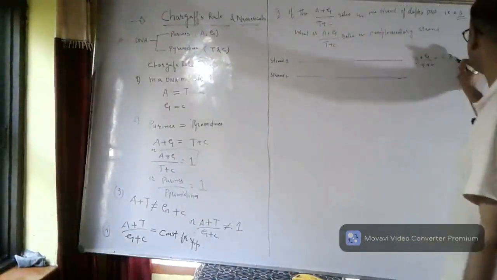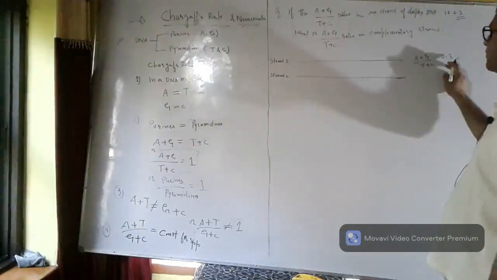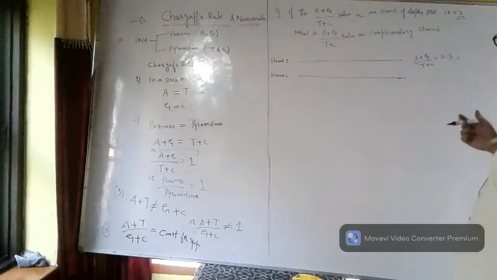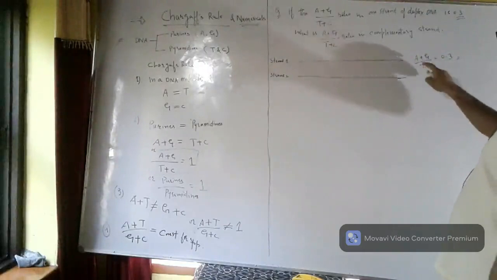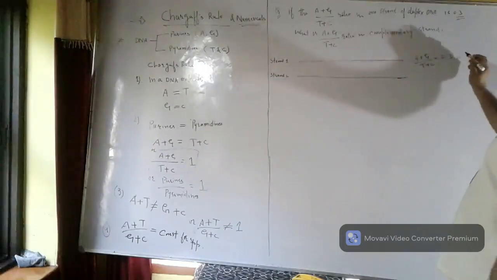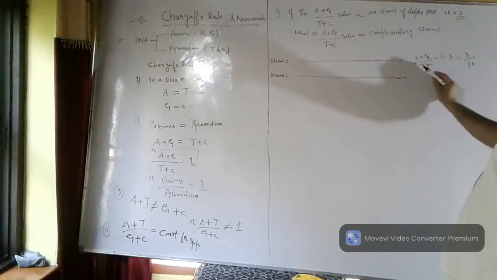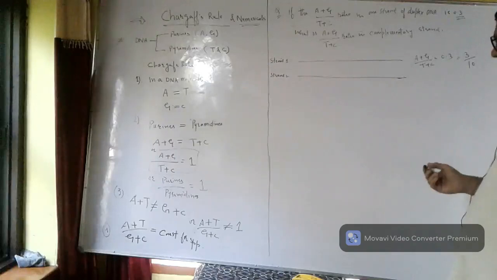We can calculate it. Adenine, guanine, how many? It would be 3 by 10. That means adenine and guanine are 3 in number, and thymine and cytosine are 10 in number.